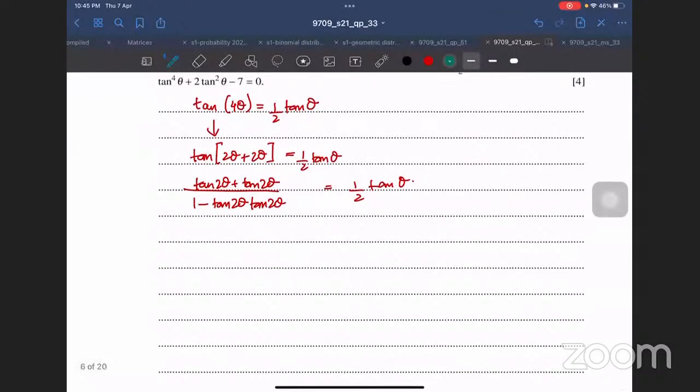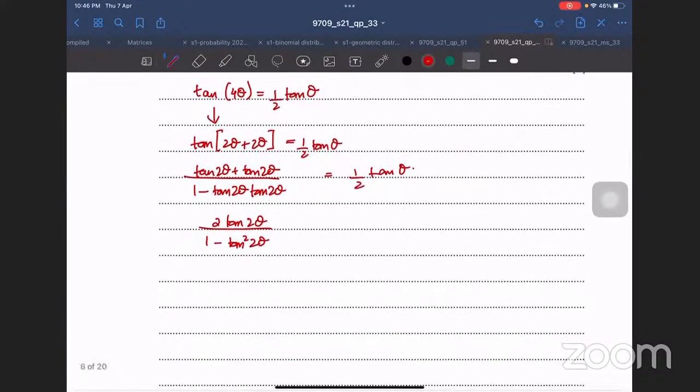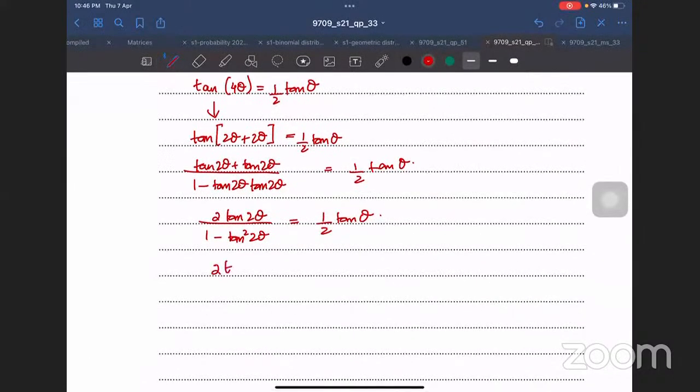When I have too many fractions, I have a habit of writing them differently. Let's first just add it up: 2 tan 2 theta over 1 minus tan squared 2 theta. Okay, I can also cross multiply this to make it easier.